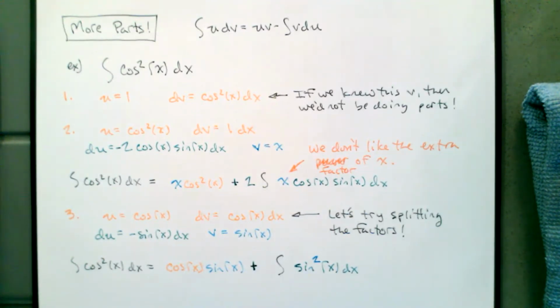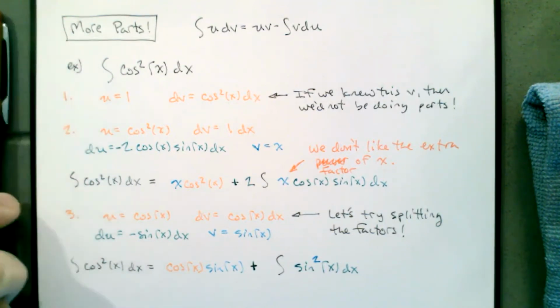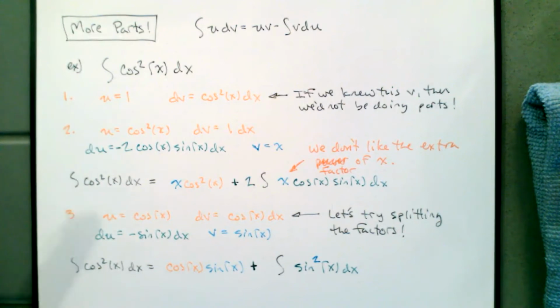So our new strategy has been to split the cosines, one factor in u and the other factor in dv. It's reasonable to think that this should work now. Maybe we should try, it's not going to work. Just spoiler alert, this isn't going to work, but it's a reasonable thing to try.